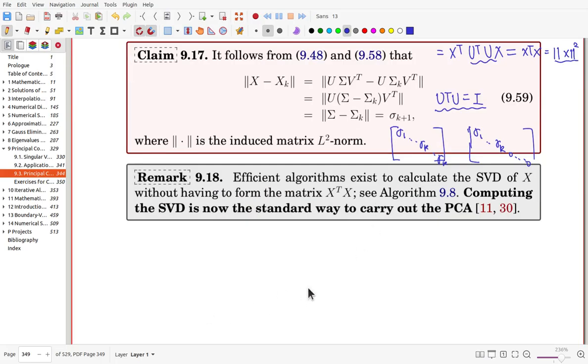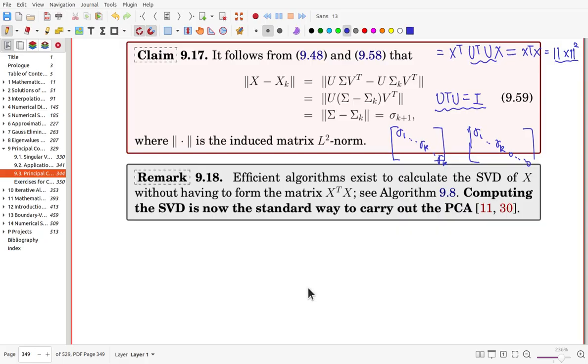Efficient algorithms exist to calculate the singular value decomposition of X without having to form the matrix X transpose X, and we considered this algorithm already. Computing the SVD is now the standard way to carry out principal component analysis.